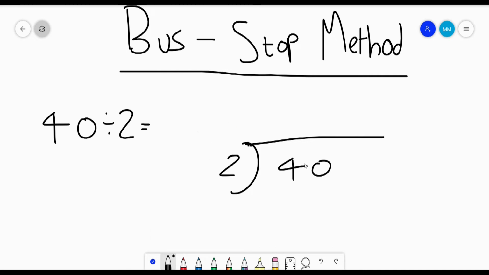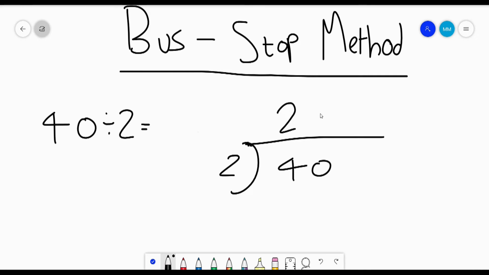Then we tackle each of these numbers in the 40 one at a time. So we look at the 4. 4 divided by 2, i.e. how many 2's are in 4? The answer is 2. Do we have a remainder? No. So we go straight to the 0. How many 2's are there in 0?